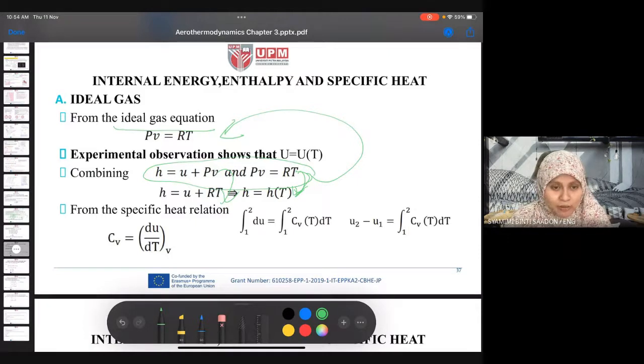One of the important assumptions you need to state is that throughout the process the gas or the fluid follows the ideal gas equation. Once you mention that, then you can apply all these equations. So you have to mention that first.